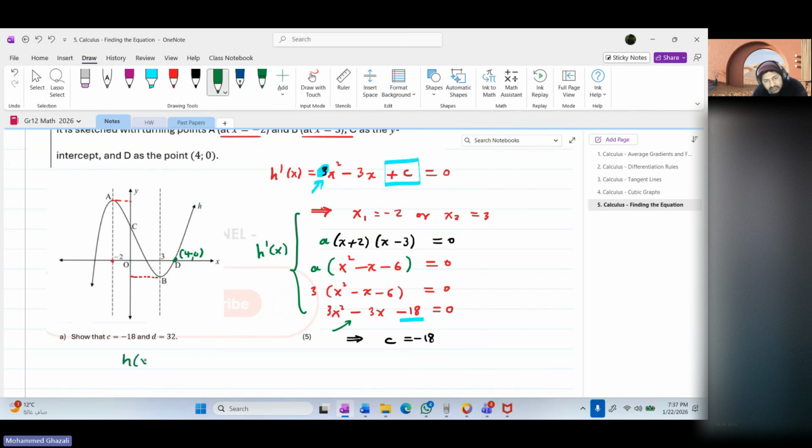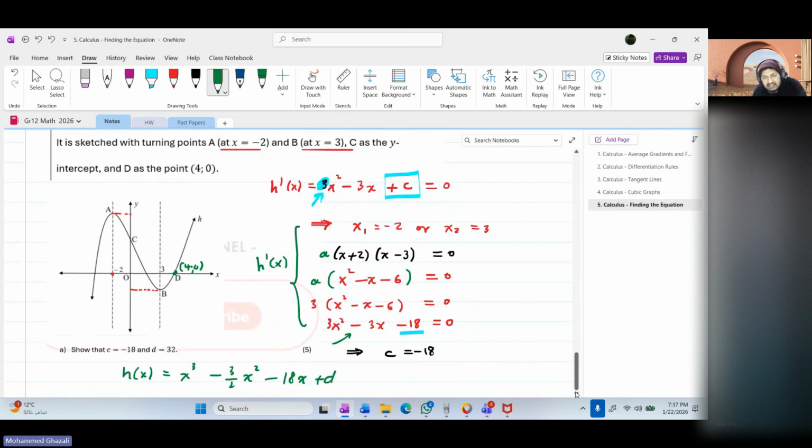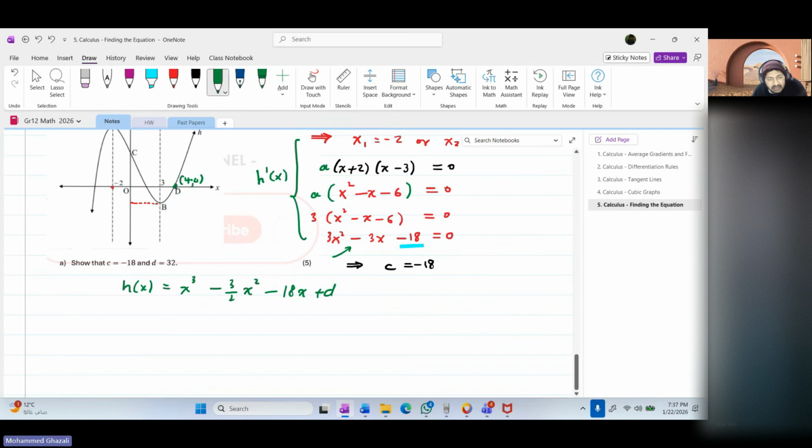Now we're going to write down h of x, which is x cubed minus 3 over 2 x squared minus 18x plus d. Now the value of d is missing and we got c as negative 18. How are we going to show that d is 32? We're going to substitute the other point, because we have already used up negative 2 and 3 for the turning points.